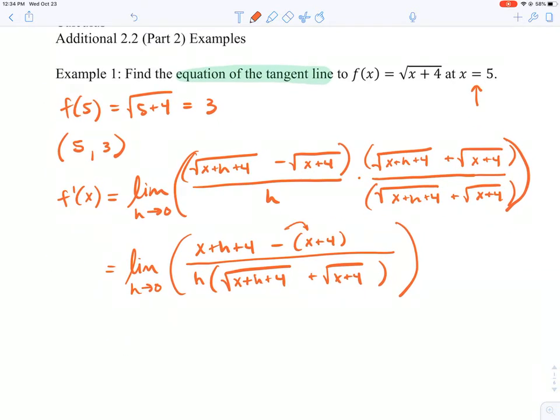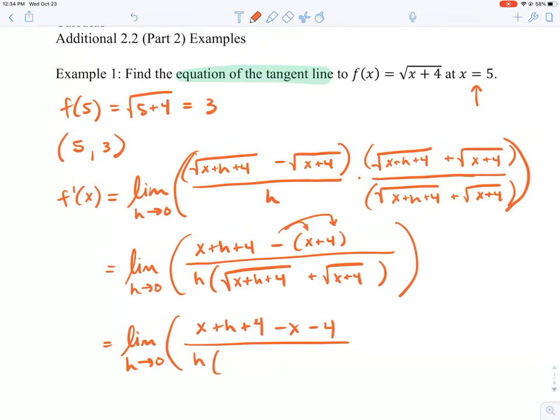And then I can distribute that negative. So I have the limit as h approaches 0 of x plus h plus 4 minus x minus 4. Denominator is still the same.